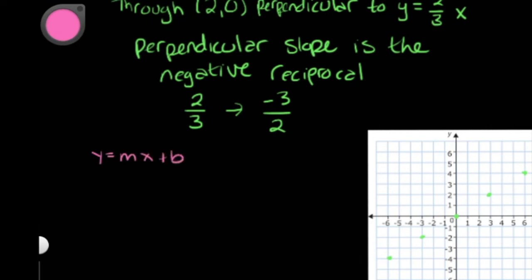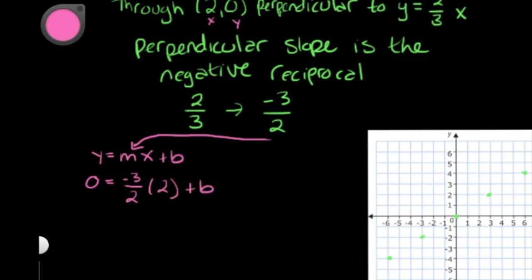My m is going to be this perpendicular slope, and my x and y that I'm going to plug in are going to be these ones here. So my y is 0 equals my negative reciprocal slope, negative 3 over 2, times my x, which is 2, plus b, which we're trying to find.